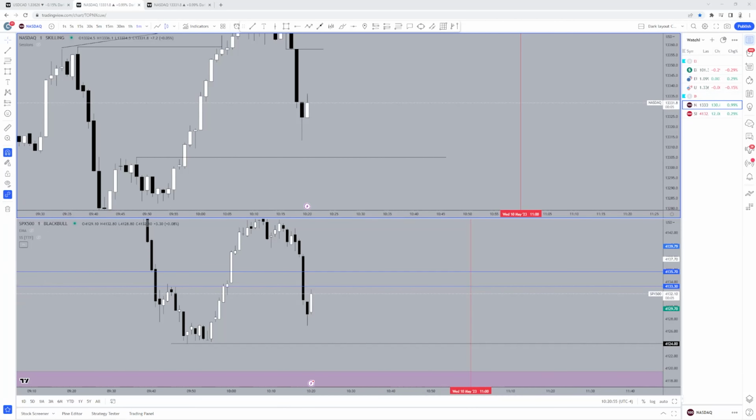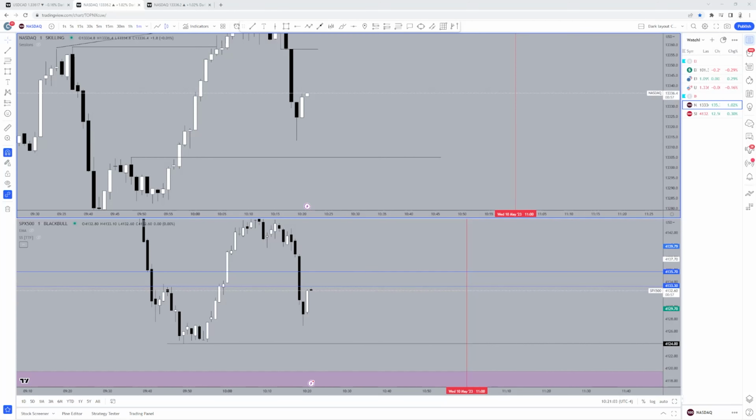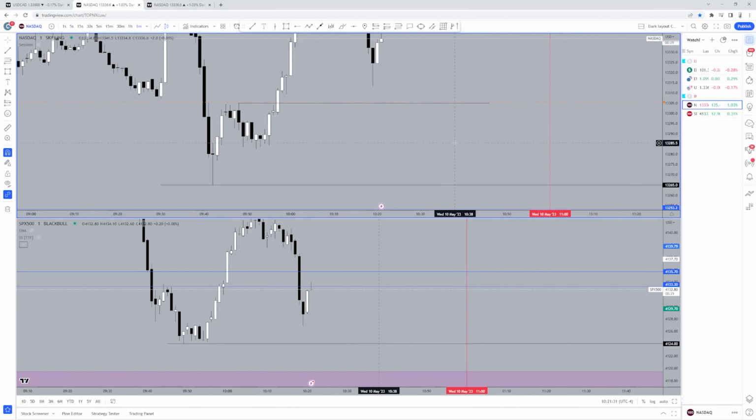Stop loss is at break even. And my target is now here at least.